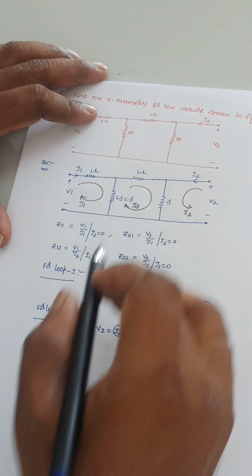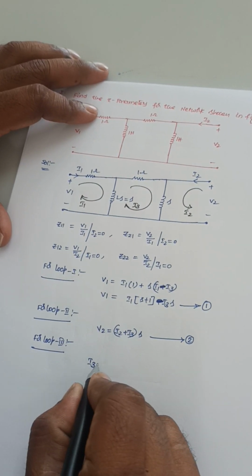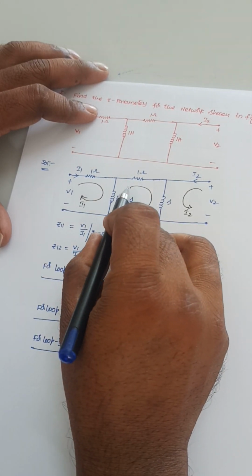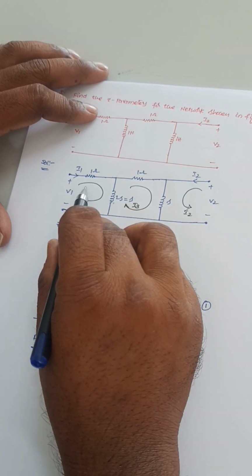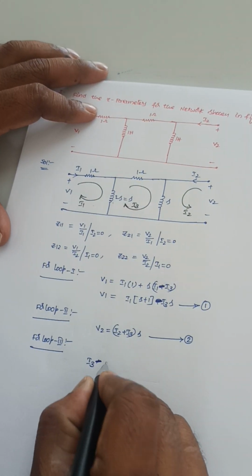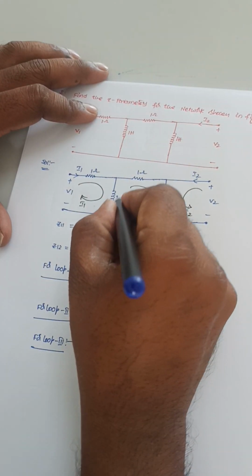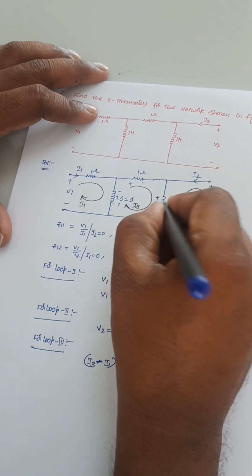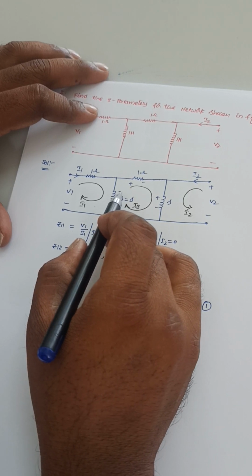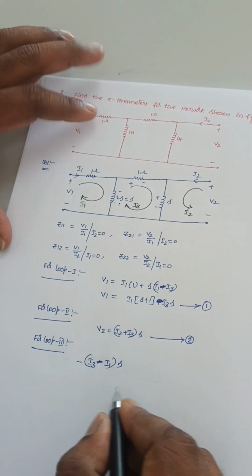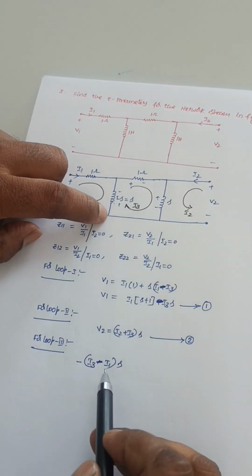So if I write the KVL equation for this, I3 into S. The current flowing through this branch is I3 minus I1, so it is I3 minus I1 into S. If I take the current leaving the terminal as reference, it is minus I3 minus I1 into S here.